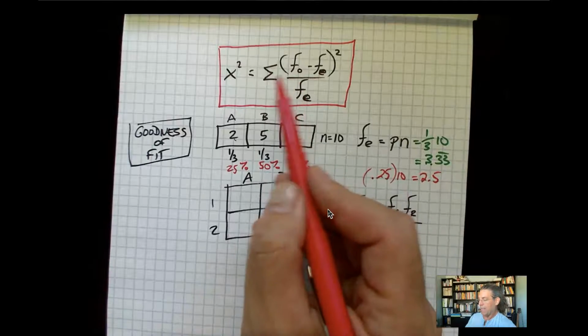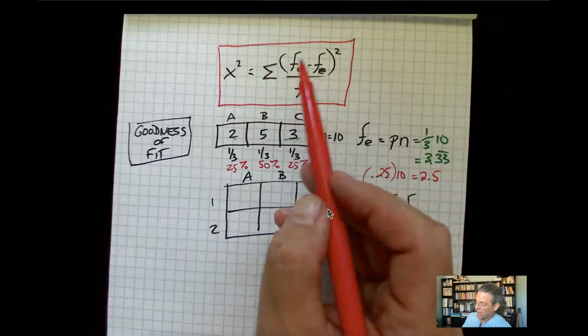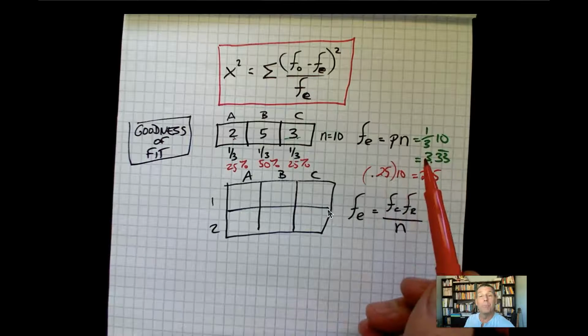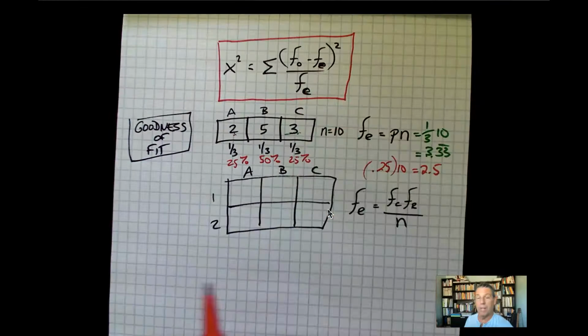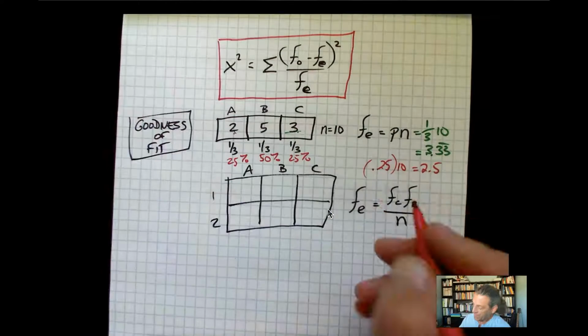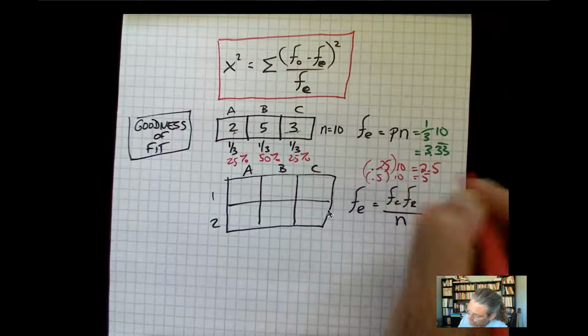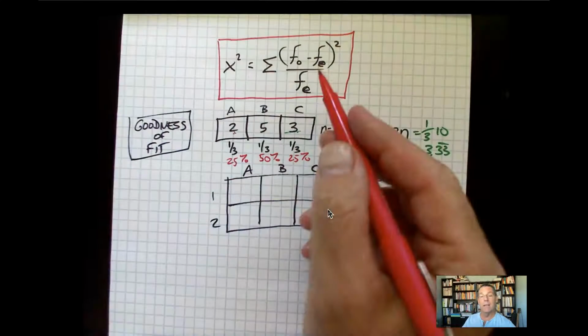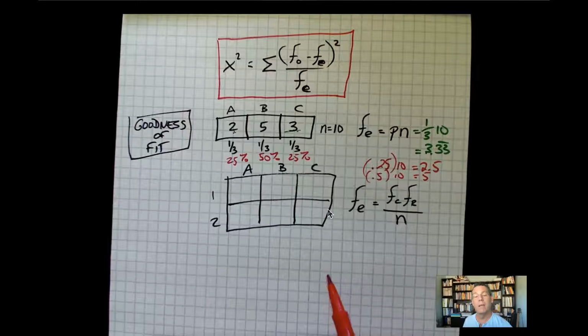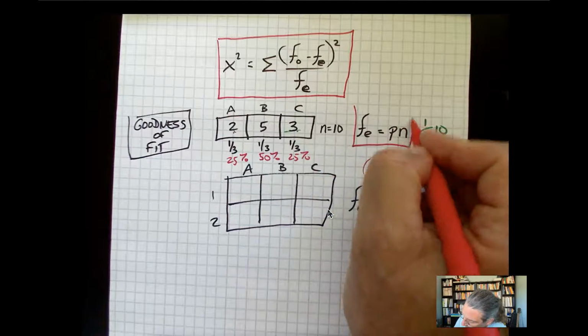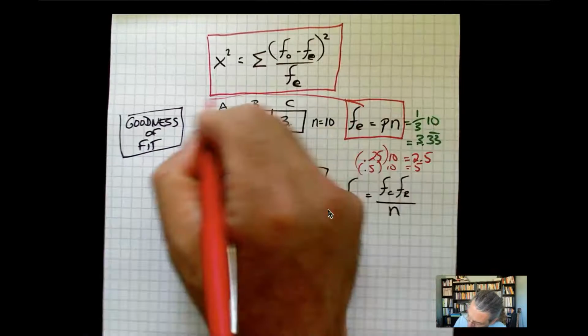So then that first cell would be 2, which is our frequency observed, minus 2.5. Get that difference, square that difference, and divide by 2.5. And then the next cell would be 0.5 times 10, or 5. Then we subtract that, square it and divide by 5, and so on. So this is the version if you're doing a goodness of fit test.